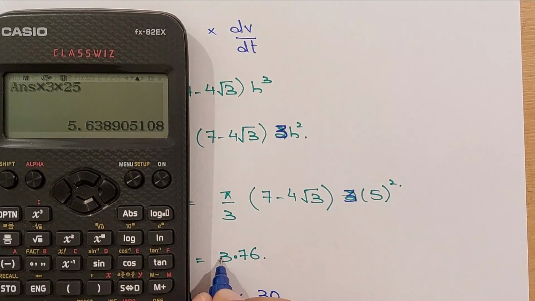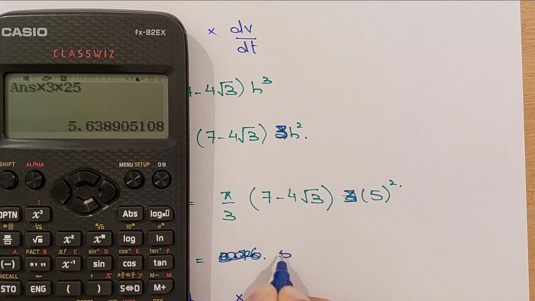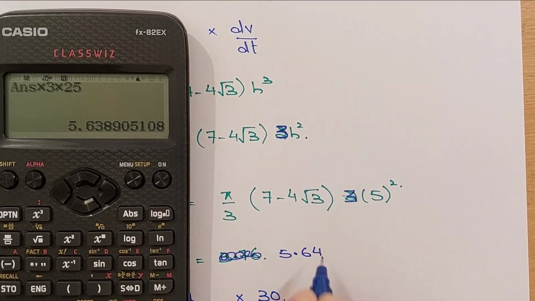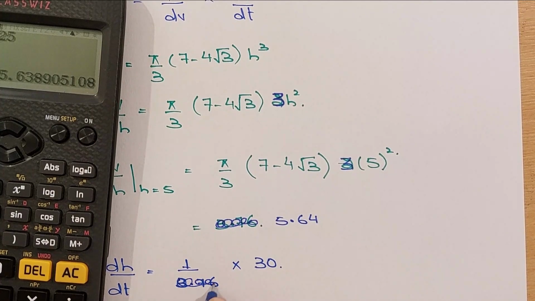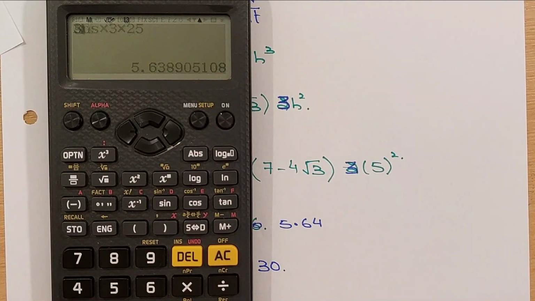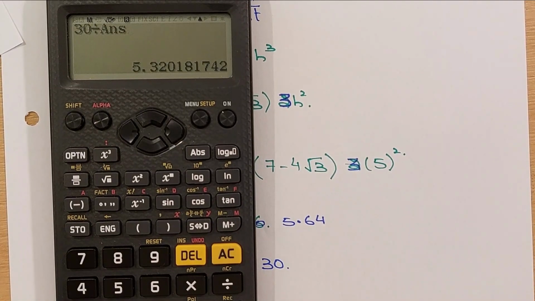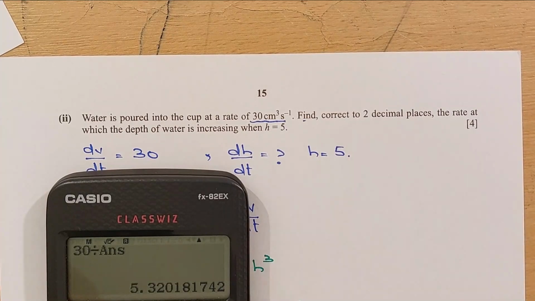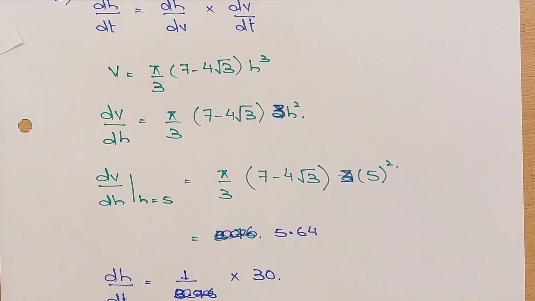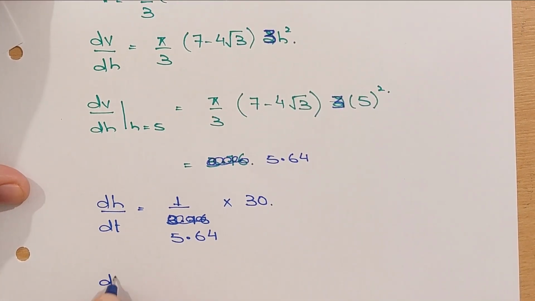So this is 5.664. If I divide 30 by 5.664, the answer is 5.32 up to 2 decimal places, because we have to find the answer correct to 2 decimal places. So this is equal to dh over dt.